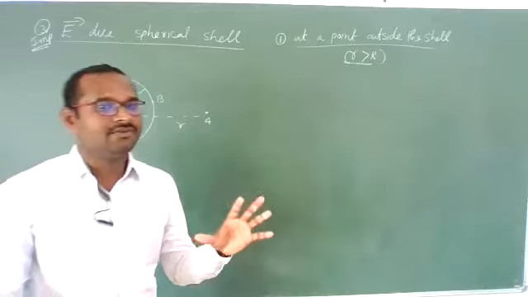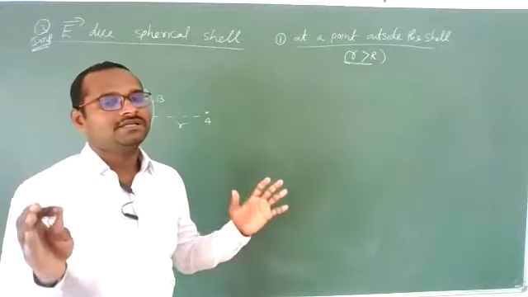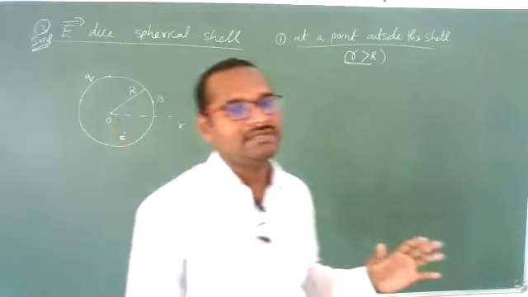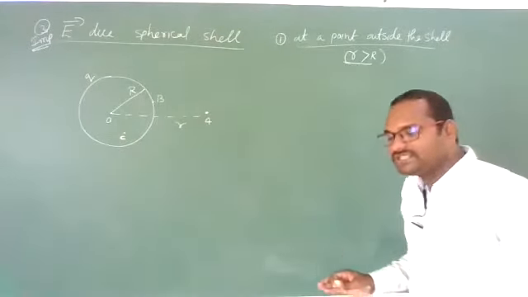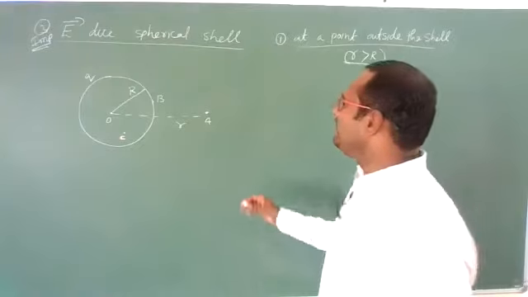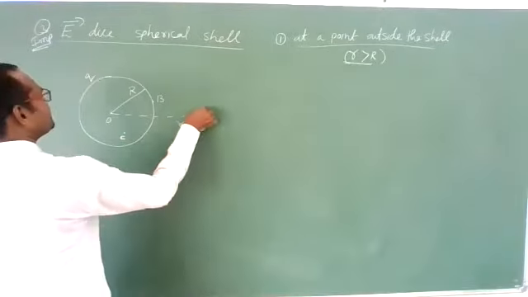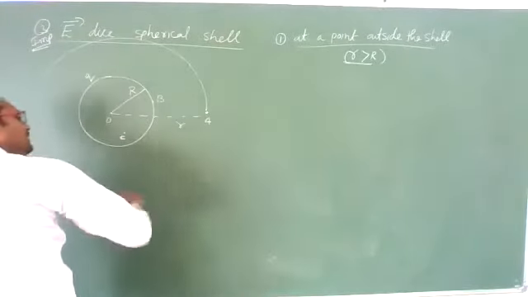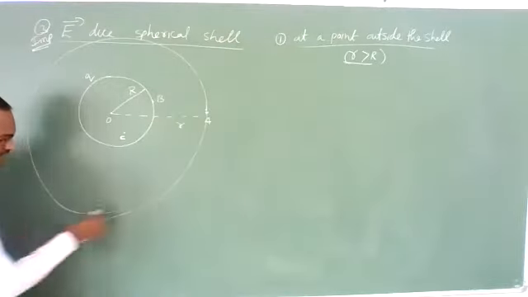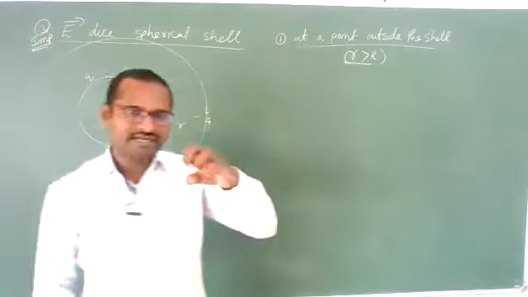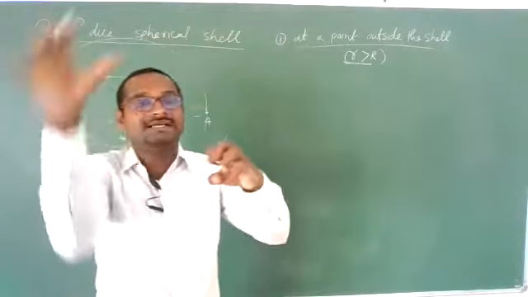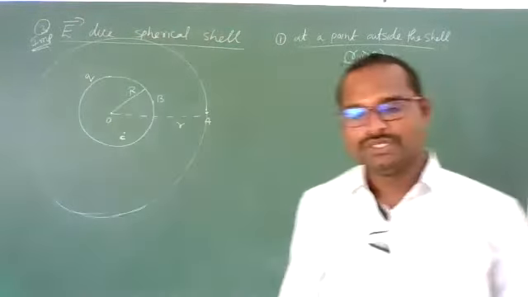If you consider a Gaussian surface in a simple manner so that it is easy to evaluate, then it will be easy for you. Otherwise, it will be difficult. So let us consider a Gaussian surface around it, a spherical surface only. The ball is there, and on that one more big ball is there. Like that, you consider one Gaussian surface.